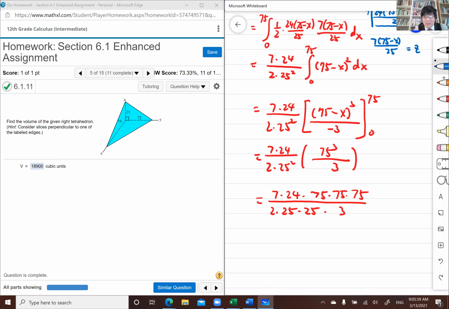Okay, now reduce the fractions. So the 75 is gone, and this is gonna become 3, and this is gonna be 12. So we just need to do this computation. Let's break down this one to 4 times 3. So 4 times 75 is 300, times 3 times 3 times 7. So 900 times 21. So it's gonna be 18,900.